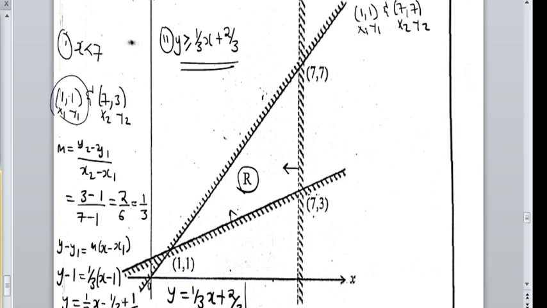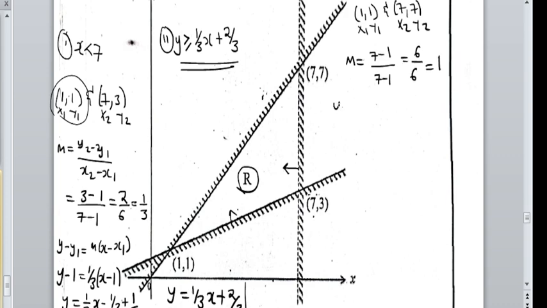Even with that one, I proceed to find the same. I start by finding the gradient, y2 minus y1, which will be 7 minus 1, over x2 minus x1, which will be 7 minus 1, and this will be 6/6, which will give us 1.